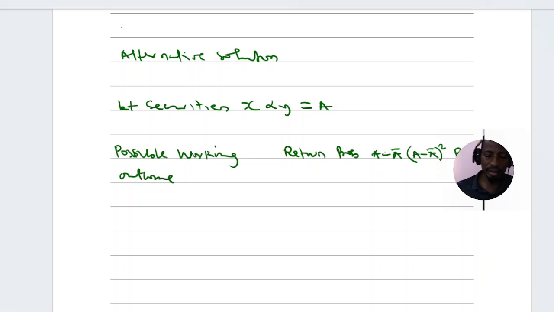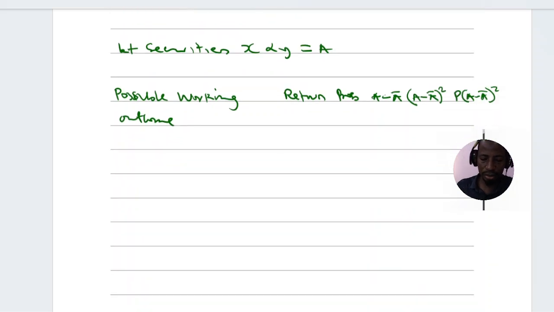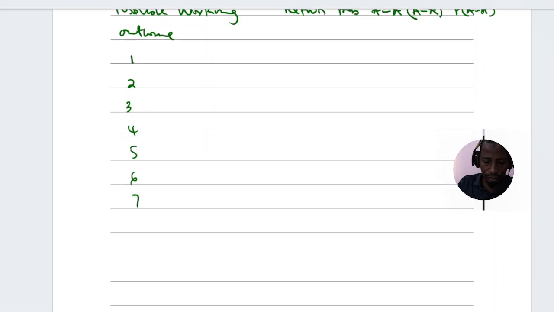Now, because like I said, each of the securities has three different probability: 0.3, 0.2, 0.6, 0.2, 0.3, 0.4, 0.2. So 3 multiplied by 3 will give us 9 possible outcomes. Therefore, I'm going to have outcome number 1, 2, 3, 4, 5, 6, 7, 8, and 9.